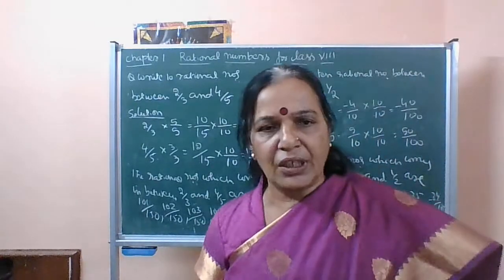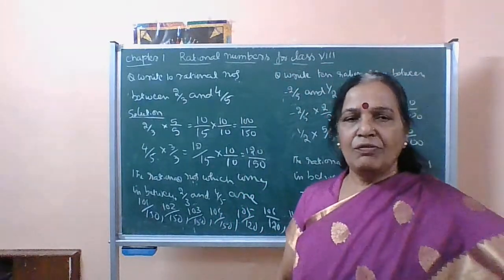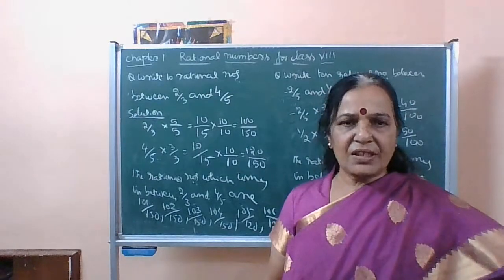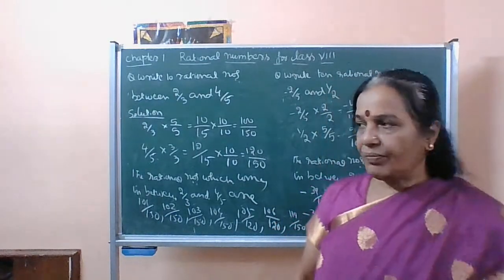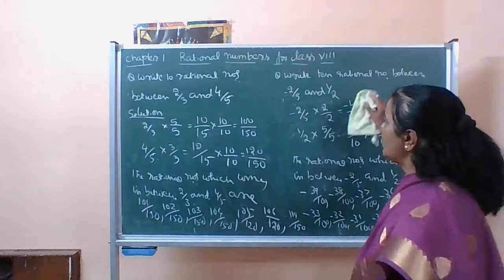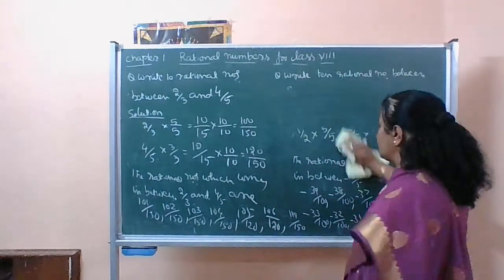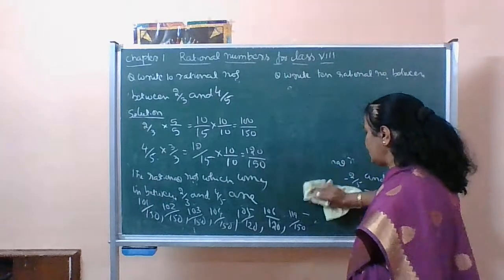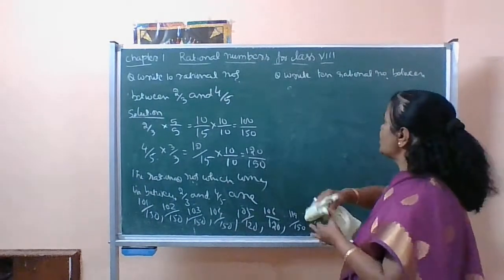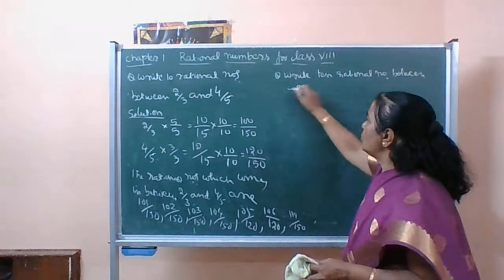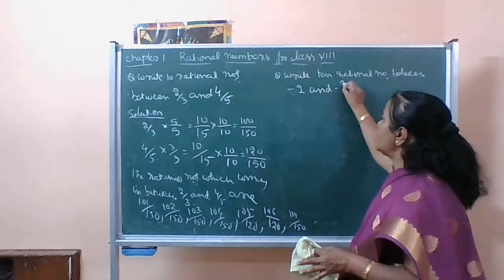Now, one more sum. Find 5 rational numbers between -2 and -3. Find 5 rational numbers, but you can write any number of rational numbers. Okay, I'll write 10 rational numbers between -2 and -3.